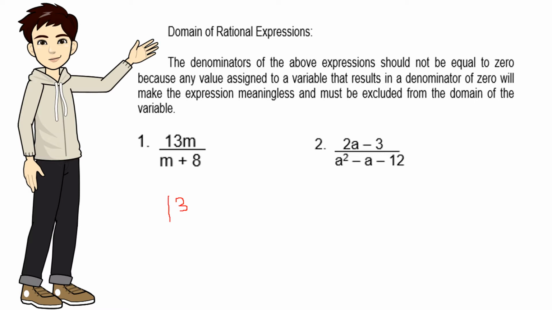So we have 13m. Then check natin what is the possible value of this m. Sa denominator lang tayo mag-focus, sa variable m, sa denominator m plus 8. Ano yung value na pwede nating ipalit sa letter m to make our denominator equal 0?